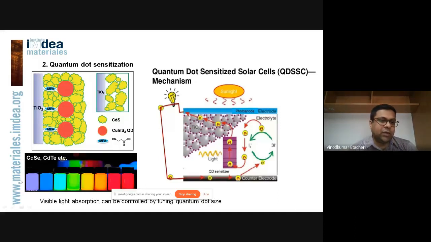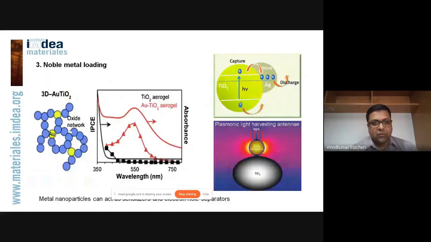Here you can see quantum dots of different colors. When we mix these with TiO2, we get TiO2 with different colors that can absorb light of different wavelengths. So by tuning the size of quantum dots, we can precisely tune the visible or UV light absorption of the TiO2 catalyst. These are the advantages over dye sensitization.